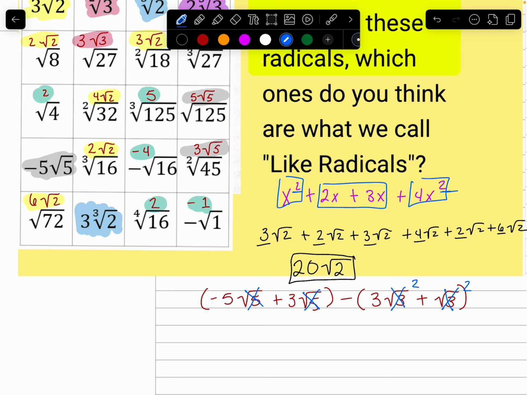I have to distinguish each one. So we know we have to distribute our negatives. So this becomes -5 square root of 5 plus 3 square root of 5 minus 3 square root of 3 minus square root of 3. Remember, if it's just x, we always have a 1 in the front, so let's put a 1 here.